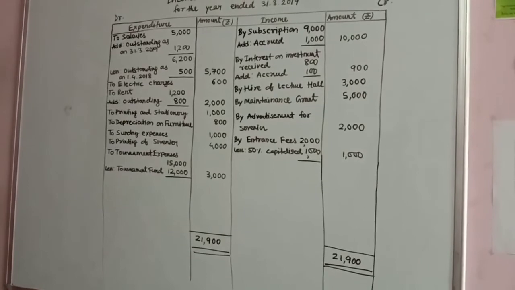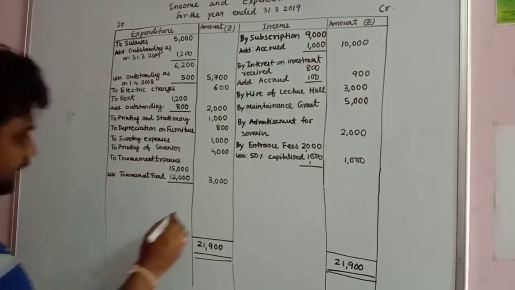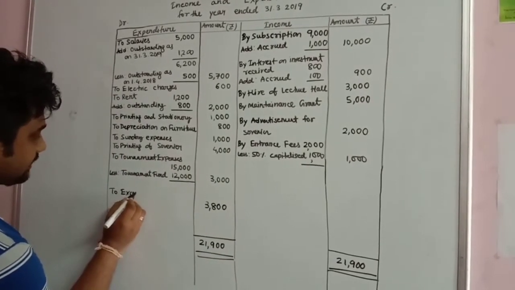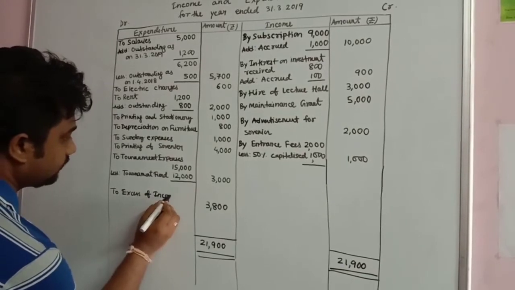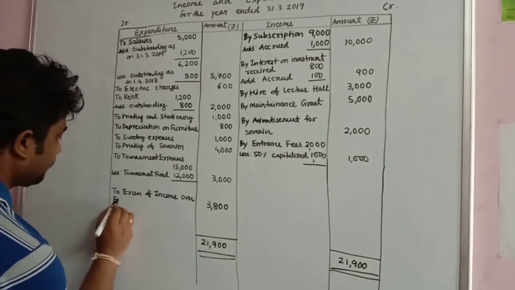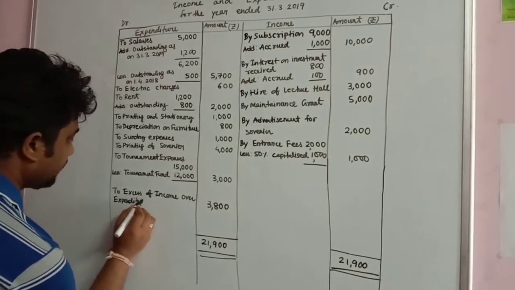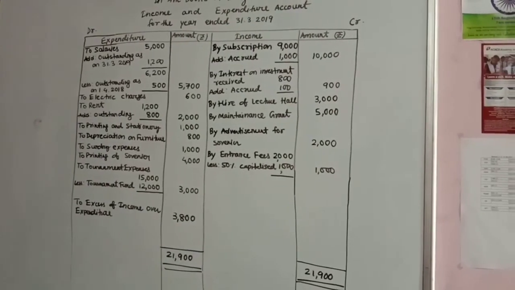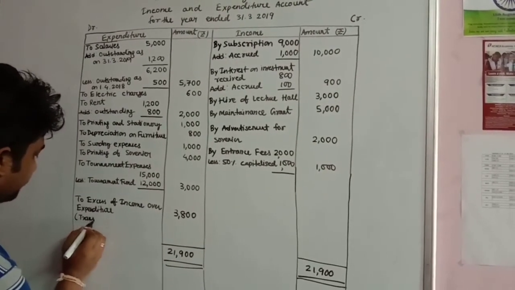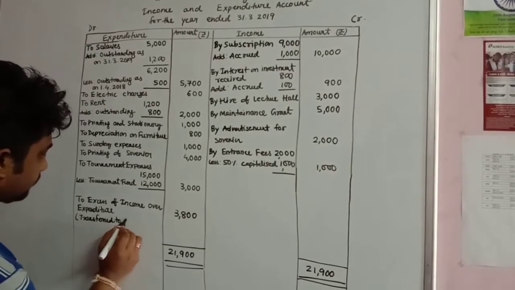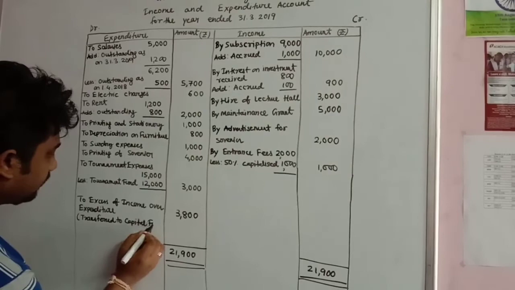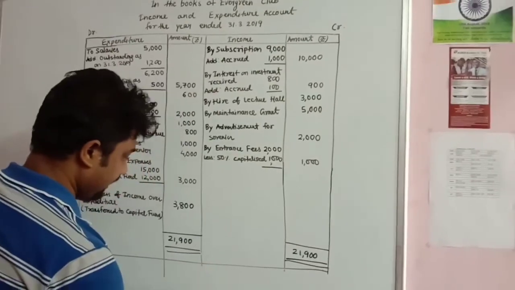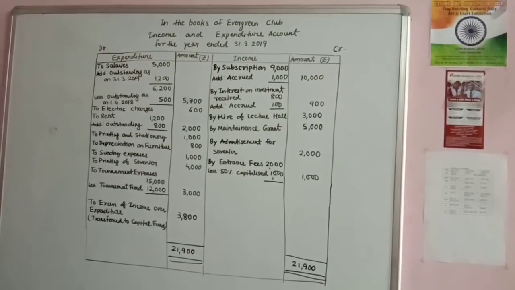The amount of income is more than the expenditure by 3,800. So you write here, excess of income over expenditure. Okay, so the excess of income over expenditure amounts to 3,800, and this amount is to be transferred to capital fund. So this is the income and expenditure account of Evergreen Club.